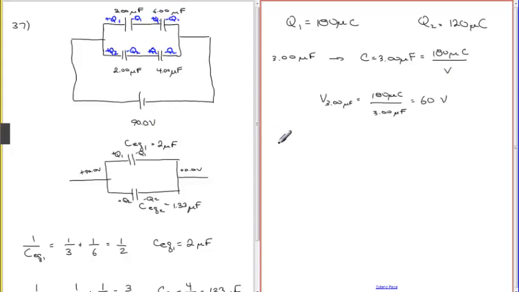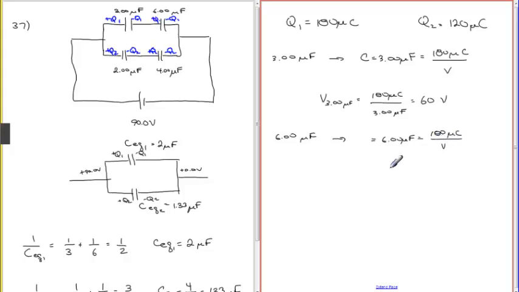Now let's look at the second one, the 6 microfarad capacitor. The same thing, the capacitance is 6 microfarads. It has a charge of still 180 microcoulombs, because that's what happens with the capacitors in series, divided by the voltage.